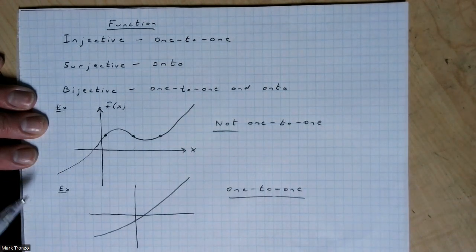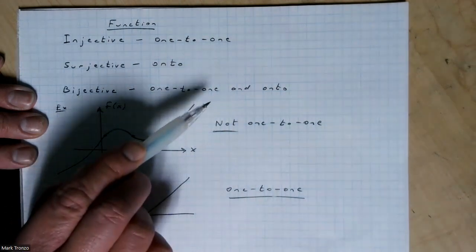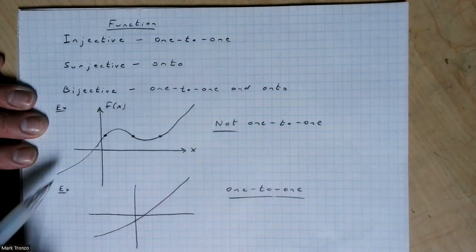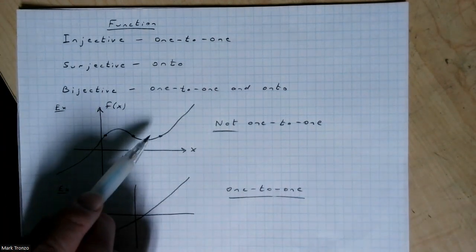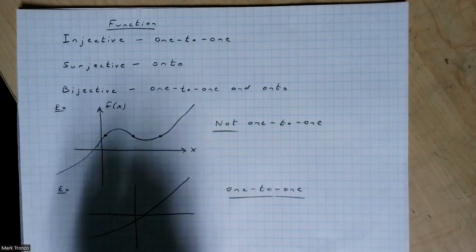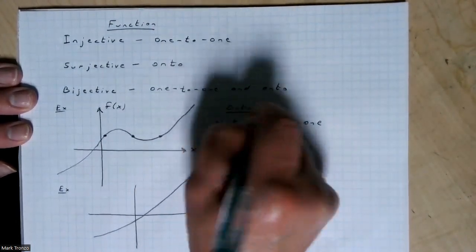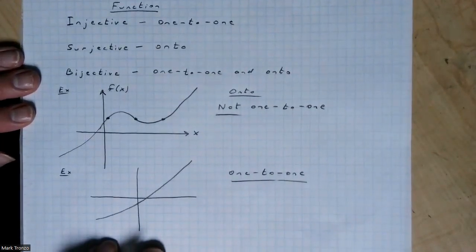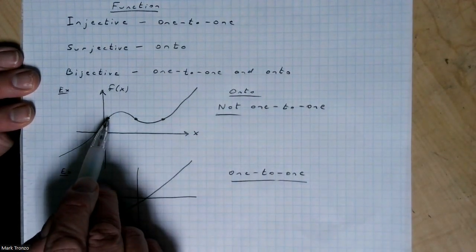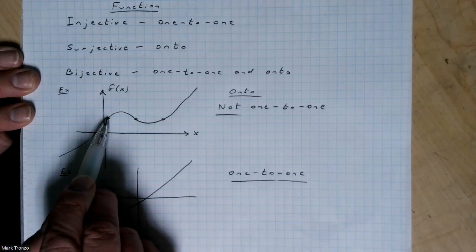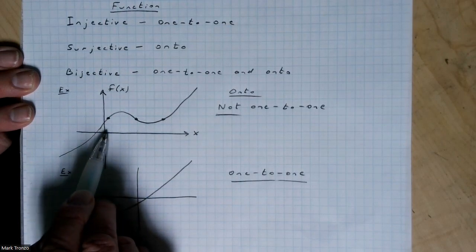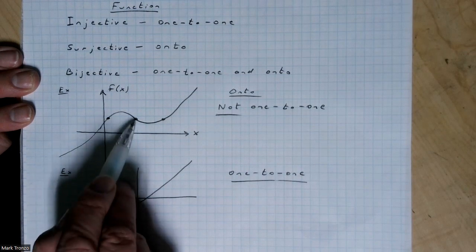In fact, let's say this first example went all the way down here. It looks like it's going to cover all the y values going up and down. So it looks like that one is onto because it's going to cover all the values in the codomain. But it's not one-to-one because, and I'll just take one example, you can see this point right here came from two different x values.